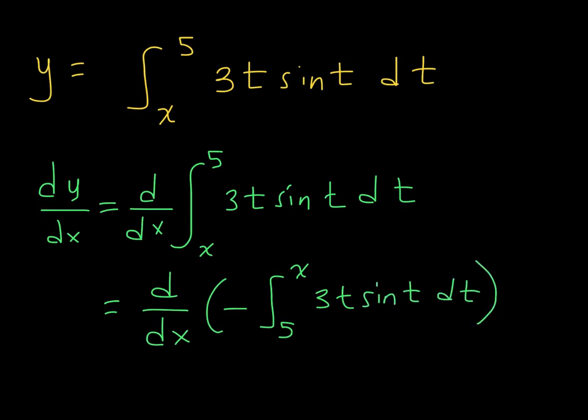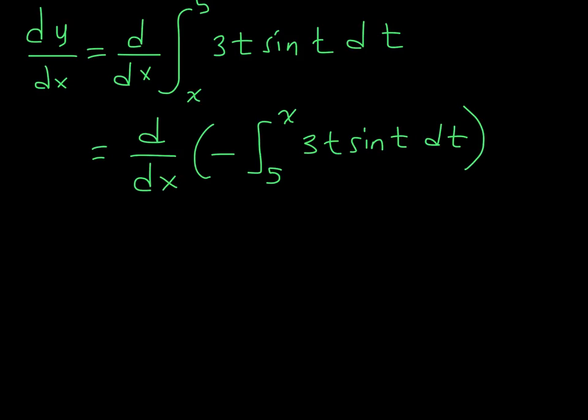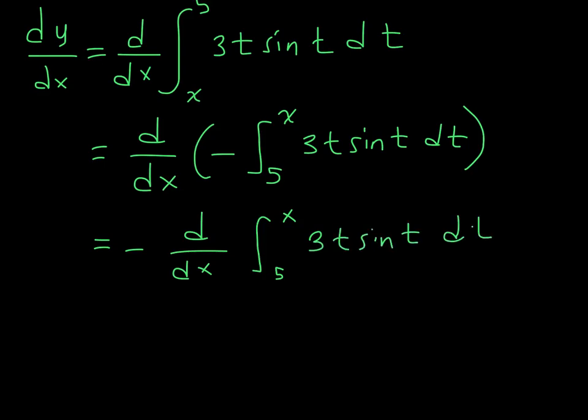All right, now this negative we can just factor out. So it's the opposite of the derivative of the integral from 5 to x of 3t sine t dt. All right, very good.